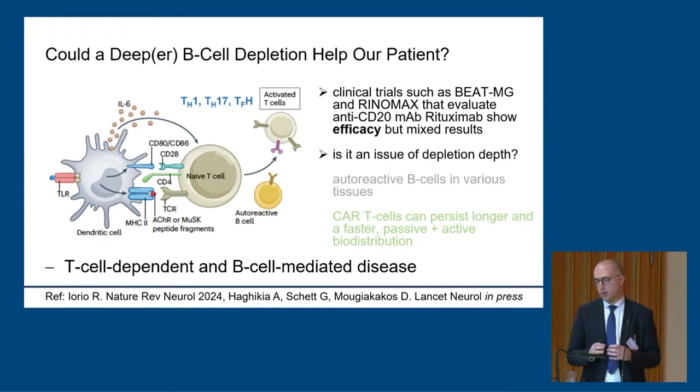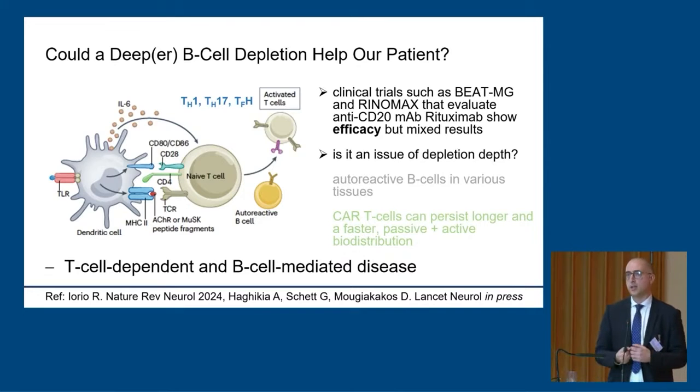And if you look at the vast amount of literature that has been published and the work that has been carried out in MG, you see that it's a B-cell mediated disease which is also dependent on T cells and vice versa.